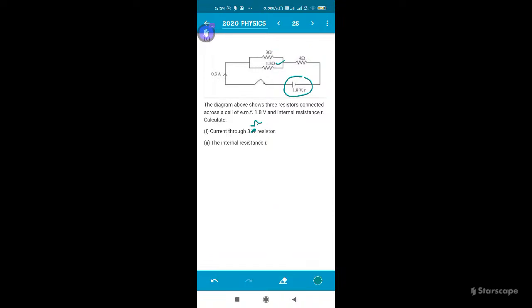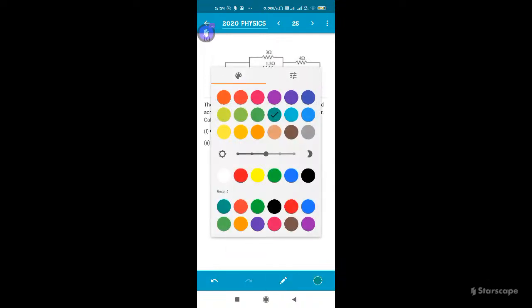So you know one thing, that in case of parallel combination, the current is different in the different resistances, but the potential difference across each and every resistance is same. But in case of a series combination, the potential difference across each resistance is different, but the current throughout is same. That is what we are going to use here. So listen very carefully.